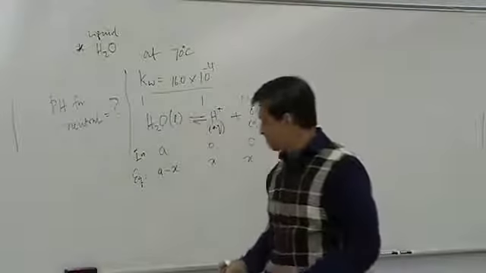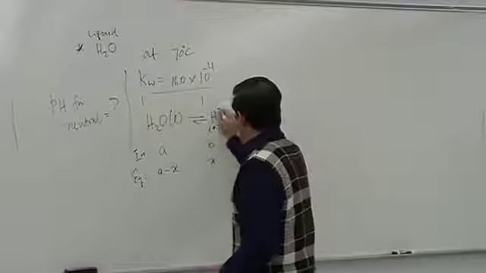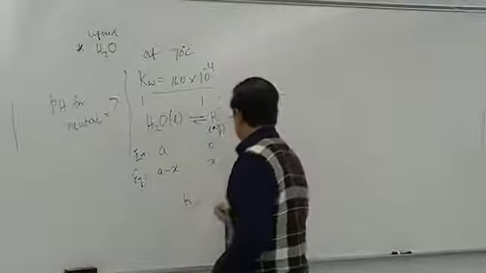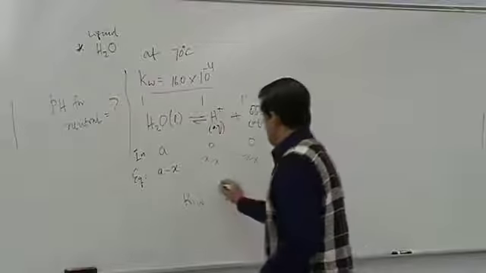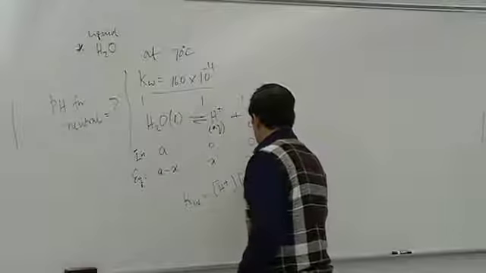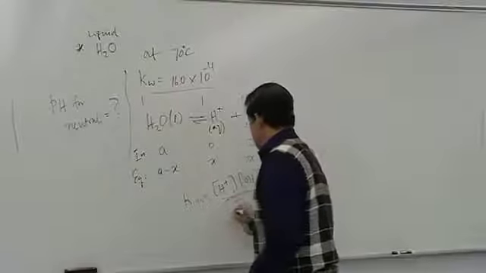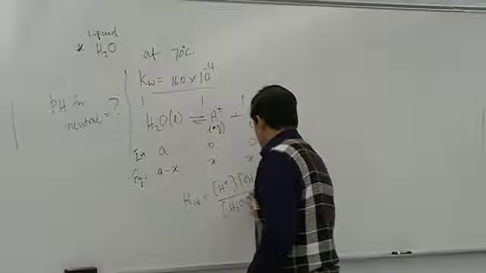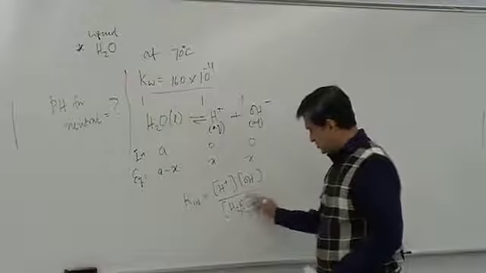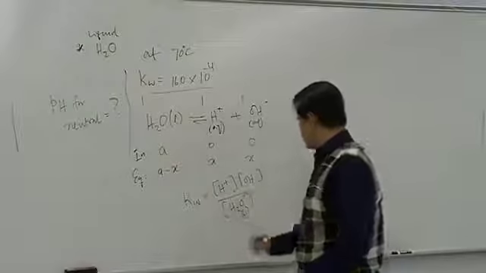Now we can set up an expression. The equilibrium constant Kw equals H plus times OH minus. You can ignore the bottom part, H2O. That's a pure liquid with such a large concentration that it doesn't change much, so you can ignore it.